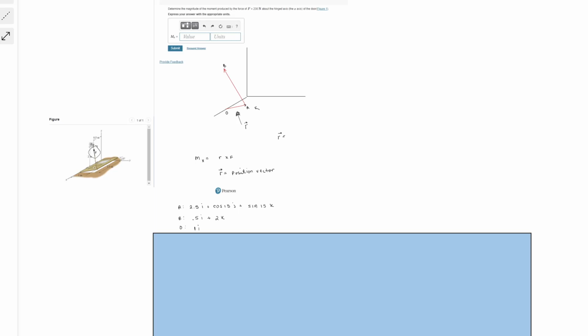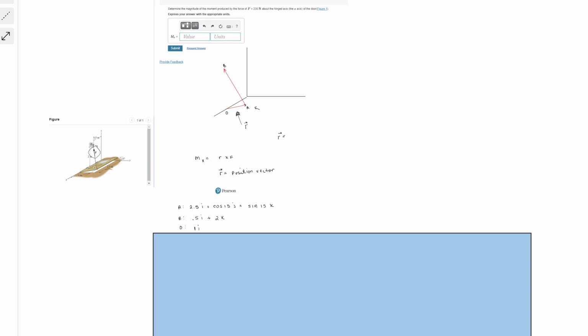To start off, you know the point A, right? Point A right here is gonna be 2.5, and then that'll be i. And then to find the y, you do cosine of 15 times that 1, and you see here cosine of 15j.